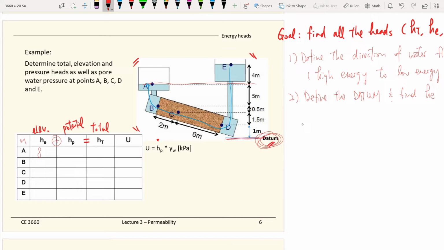Likewise, point B will be 3 meters. Point C will be 2.5 meters. Point D, very straightforward, 1 meter. And point E will be 12 meters. So we finish the second step.